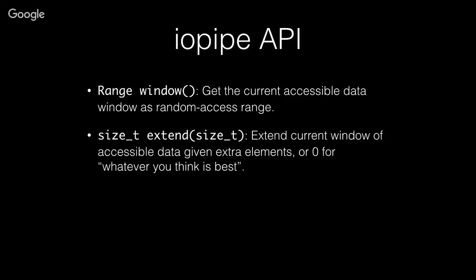The second function is extend, which extends the range window. It basically pulls more data in from the source and extends the window further. So you can either tell it, I want you to get me this many more elements, or you can pass a 0, which means just whatever the source thinks is a good amount to read.